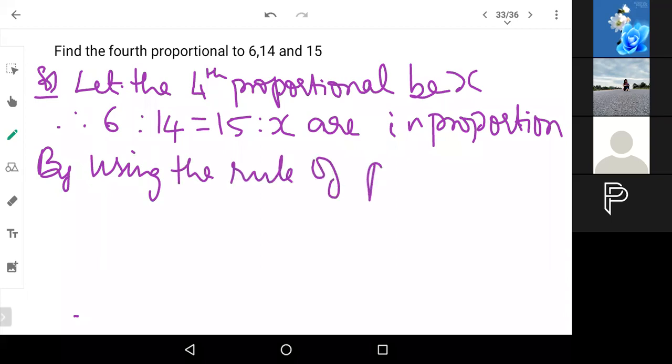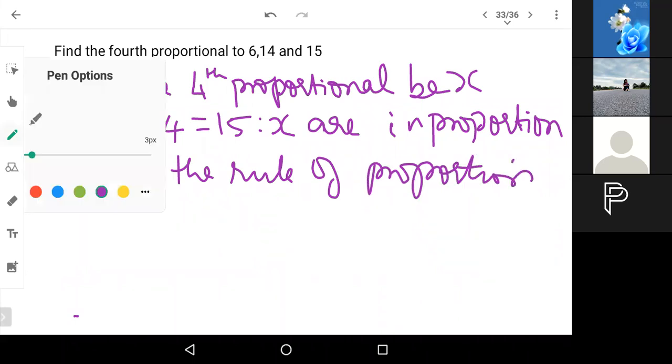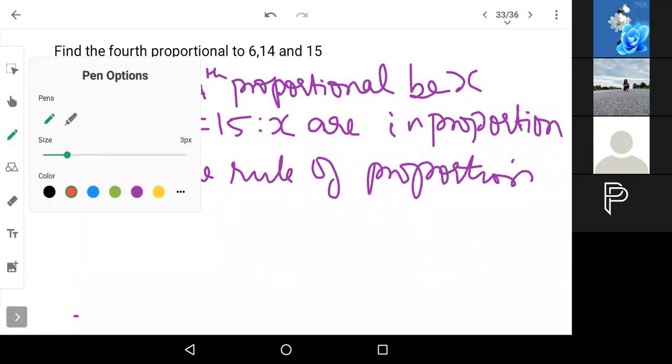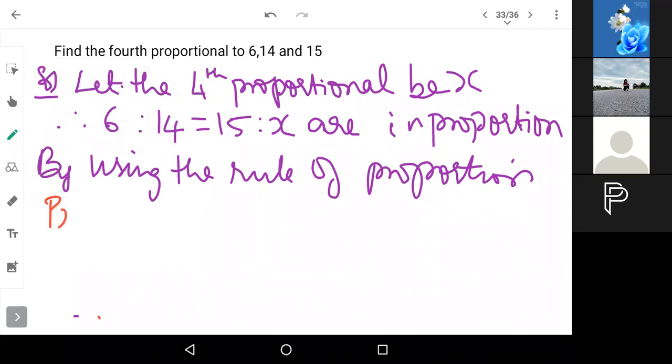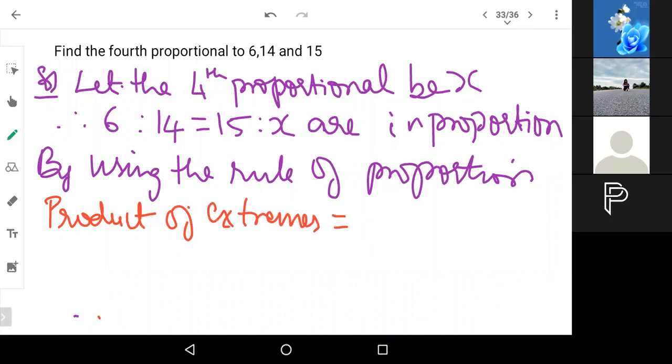So by using the rule of proportion, what is the rule of proportion? Product of extremes is equal to product of means.